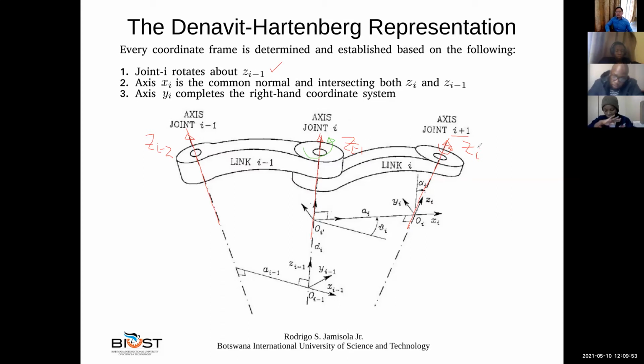Anyway, here this is z i minus 1. Now let's concentrate on this part because we are looking at z i minus 1 against z i. Earlier, I was defining the relationship of this axis with this axis, but it should be z i minus 1 and z i, where z i minus 1 is this and z i is here.